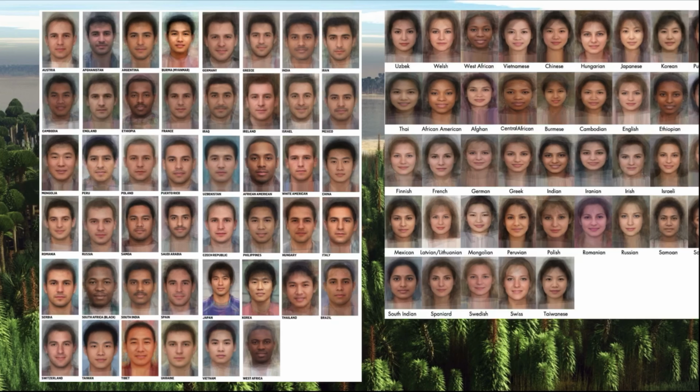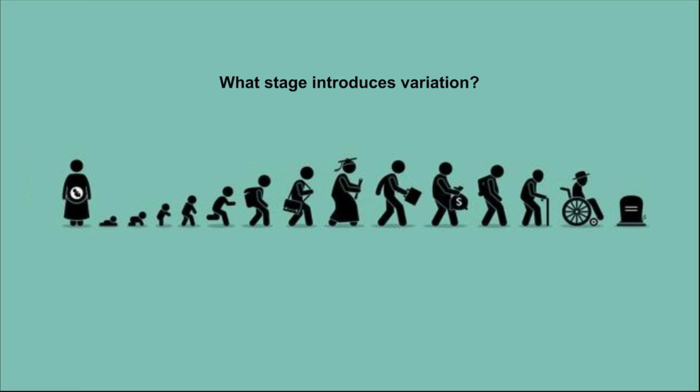Now, in our species, we also have a lot of diversity. You can see that the way people look changes depending where you're at, and there's just a huge diversity of people. So one question you might want to ask yourself at this point is which stage introduces that kind of variation?